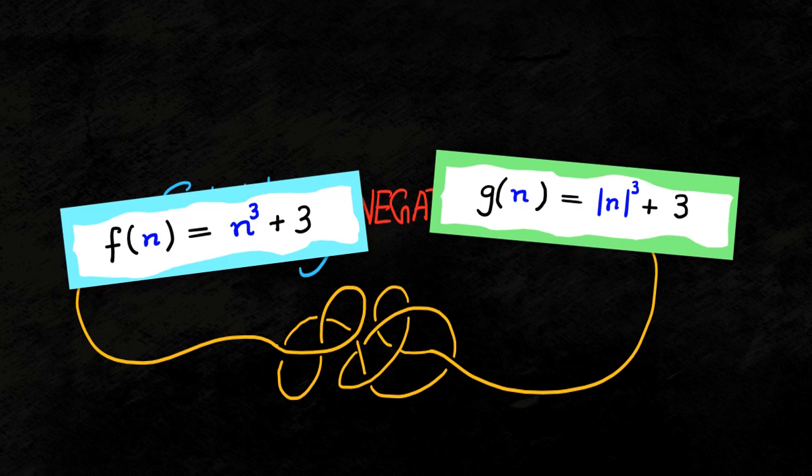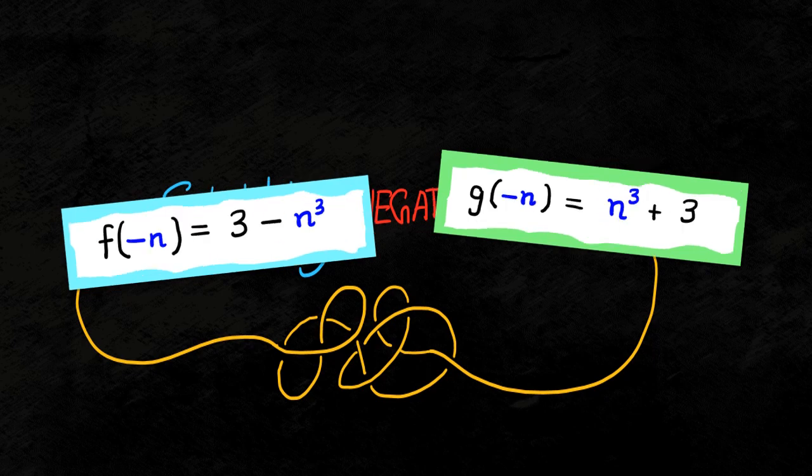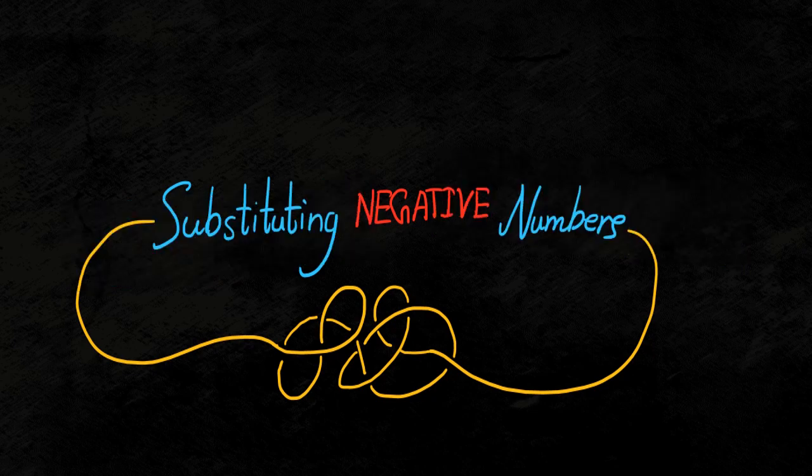However, if we substitute negative integer negative n, then f of negative n is 3 minus n cubed, while g of negative n is n cubed plus 3. Therefore, we cannot simply say substitute negative numbers into the formula. Depending on the formula, this can have different meanings.